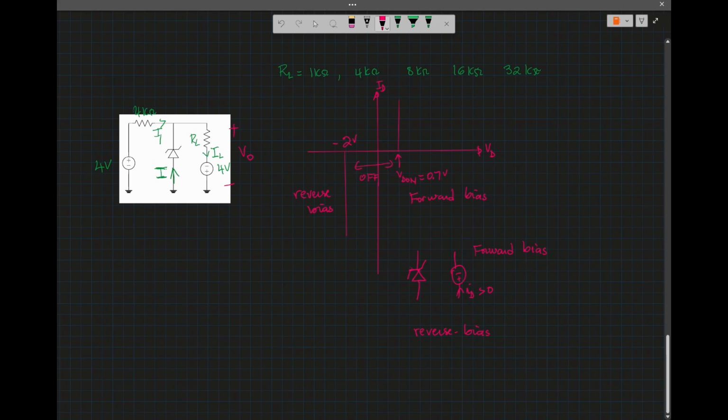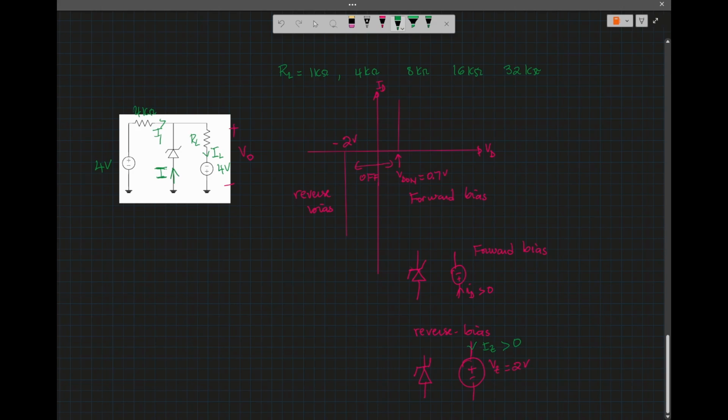For reverse bias, we still have the diode there, but in that case we have VZ, which is 2 volt in this case, and the current through the diode will be IZ, which is positive.